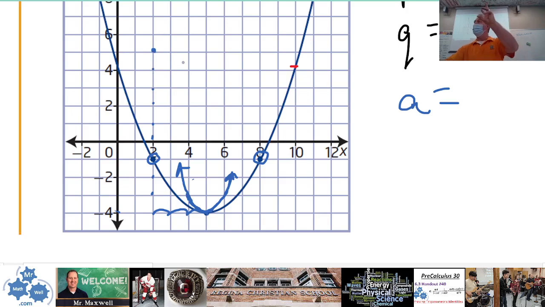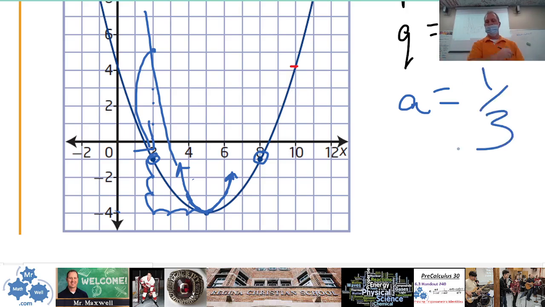You square it, x squared. So this is only up 3 units. How much has this original parabola been reduced? Not reduced by a factor of 3, but stretched by a factor of 1 over 3. Okay, fine, I did answer for you.